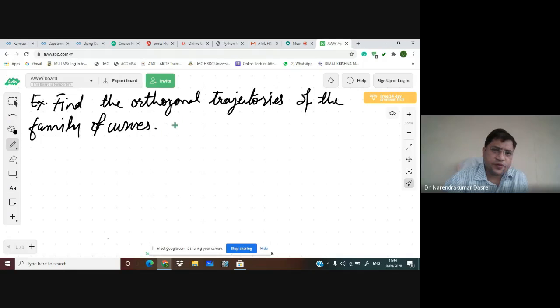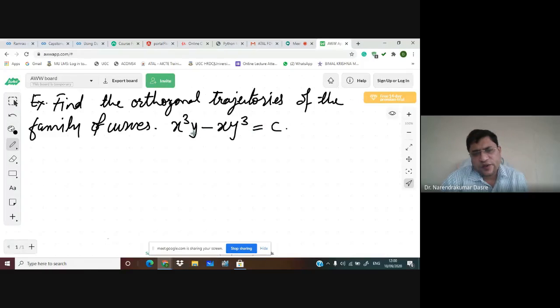What is the family of curves given? x cube y minus x y cube is equal to c. Here this is the family of curves given, and we have to find the orthogonal trajectory of this family of curves. Now we have to be careful.